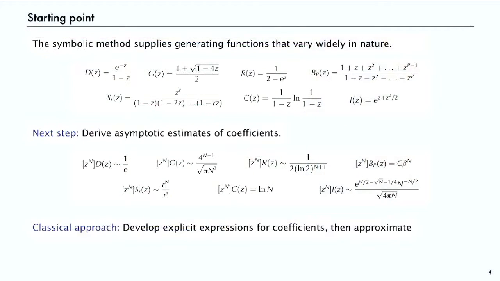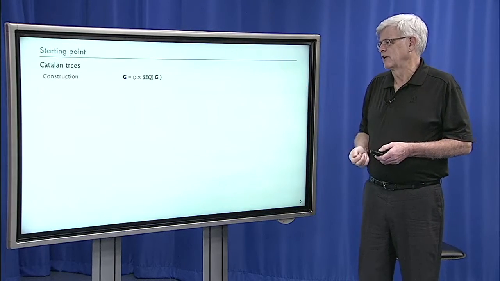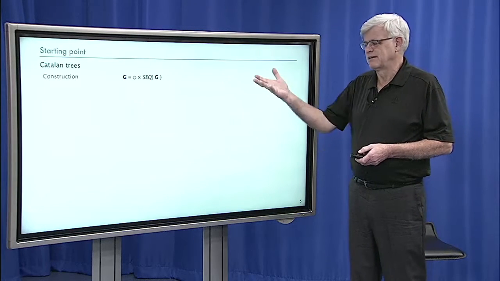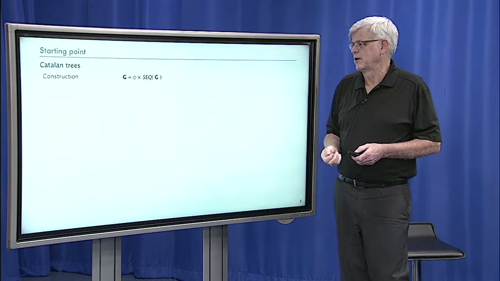Now, the classical approach is to take the generating functions and derive an explicit expression and then use asymptotic techniques to develop an approximation. But with analytic combinatorics, what we're going to do is directly derive the approximations. So this is an example that I've used in the very first lecture, but it's worth pointing out again.